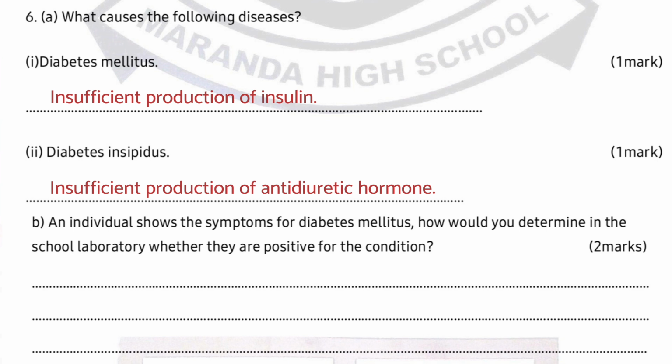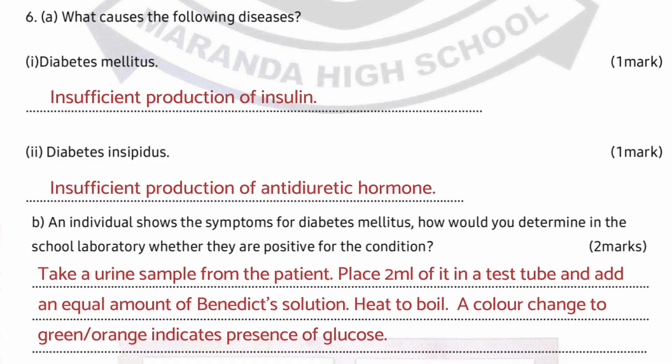If we observe the color changes, then that means glucose is present in the urine. That means that the person is suffering from diabetes mellitus. However, if the blue color of Benedict solution is retained, then that means glucose is absent, right? And the person is not suffering from diabetes mellitus.